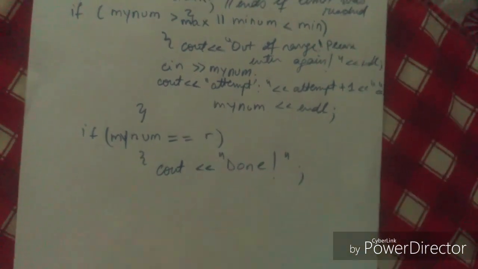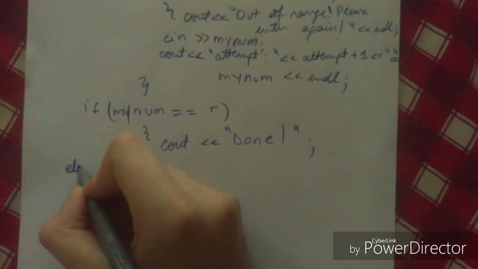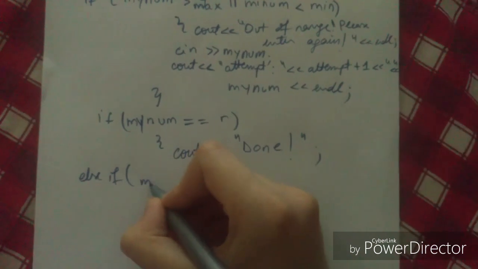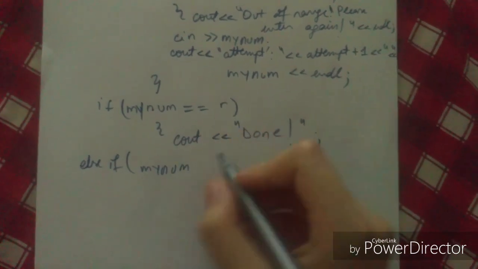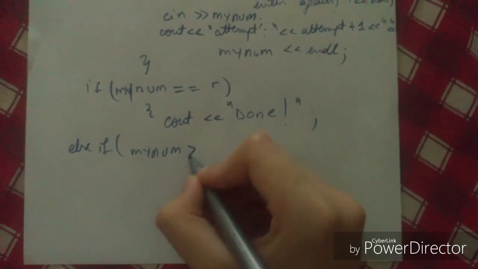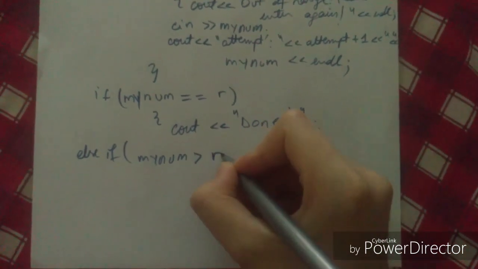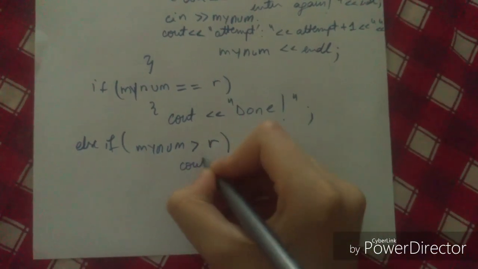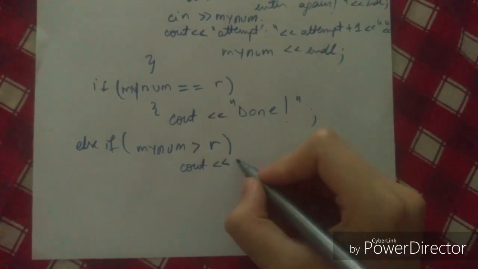But if not, you need to say else if mynum, so that's the number that we guessed, is greater, let's just start with greater, than the randomized number, we're going to say cout guessed lower.